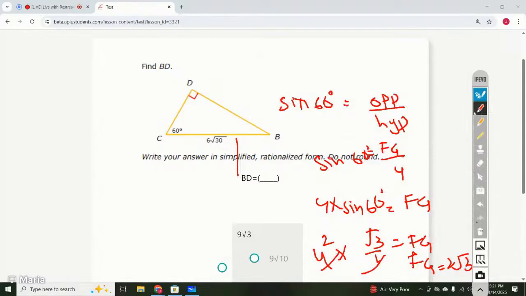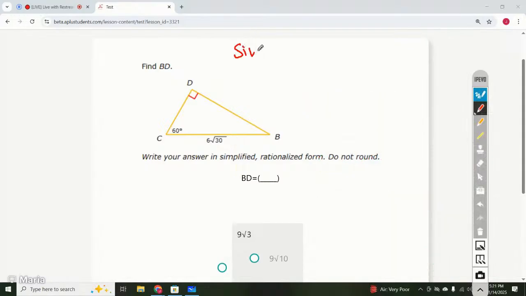So let's just use sine 60. Sine 60, that would be BD divided by 6 square root 30, right? So sine 60 is square root 3 by 2.